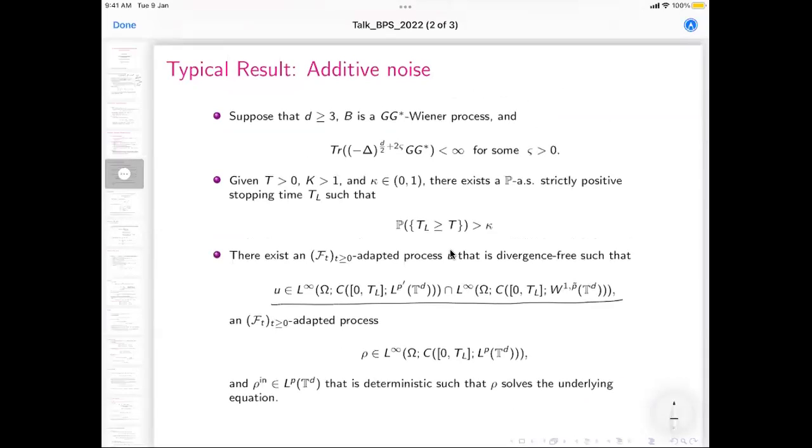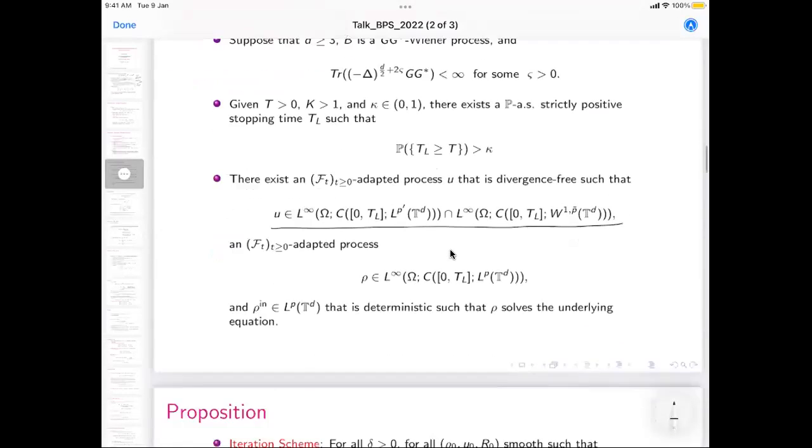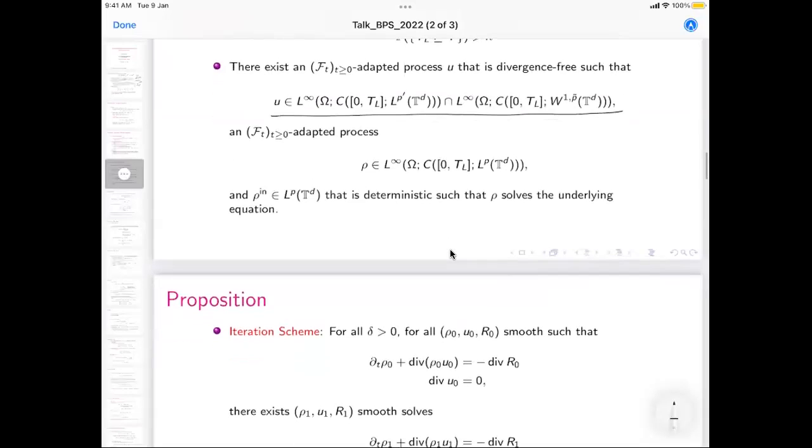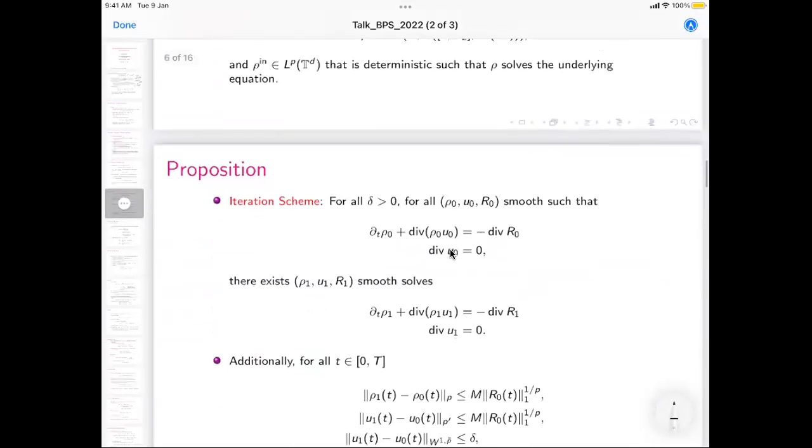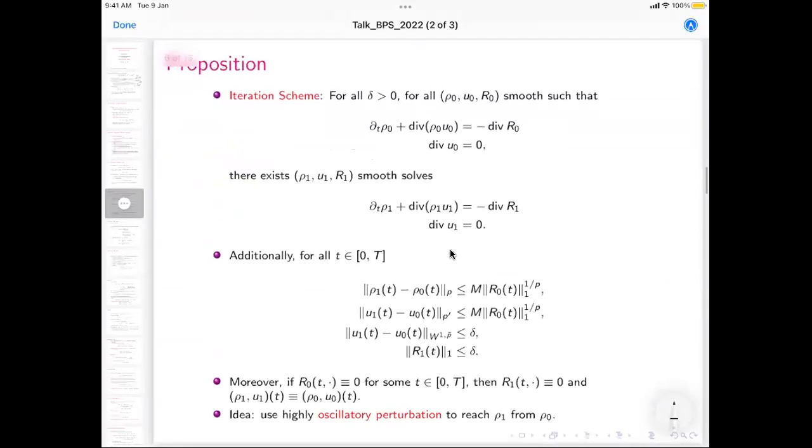But the main thing is that in the stochastic case, you can prove this result at the beginning up to a stopping time, TL. And then, of course, there are ways to extend this. So this is the typical kind of result we get. I'll come back to the stochastic case if time permits. Let me first talk about the deterministic one.